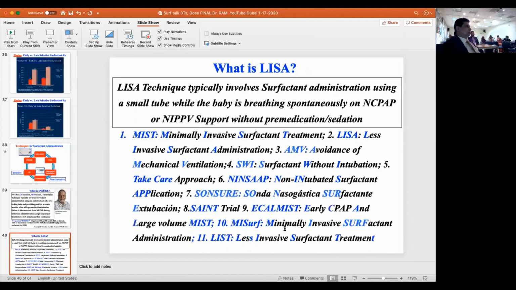There are a number of names, there are 11 different ones: MIST from Australia, LISA from Austria, avoidance of mechanical ventilation from Germany, without intubation from Germany, non-intubation surfactant in another German center, and gastric surfactant intubation from Spain. So as you can see, all of these techniques or names involve less invasive surfactant administration, something other than endotracheal.